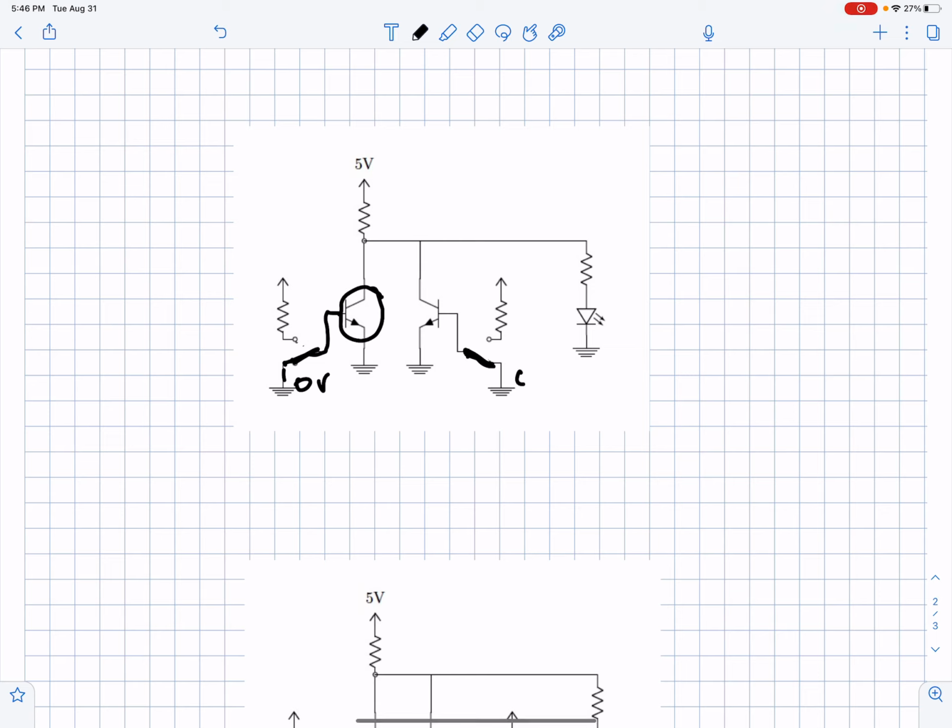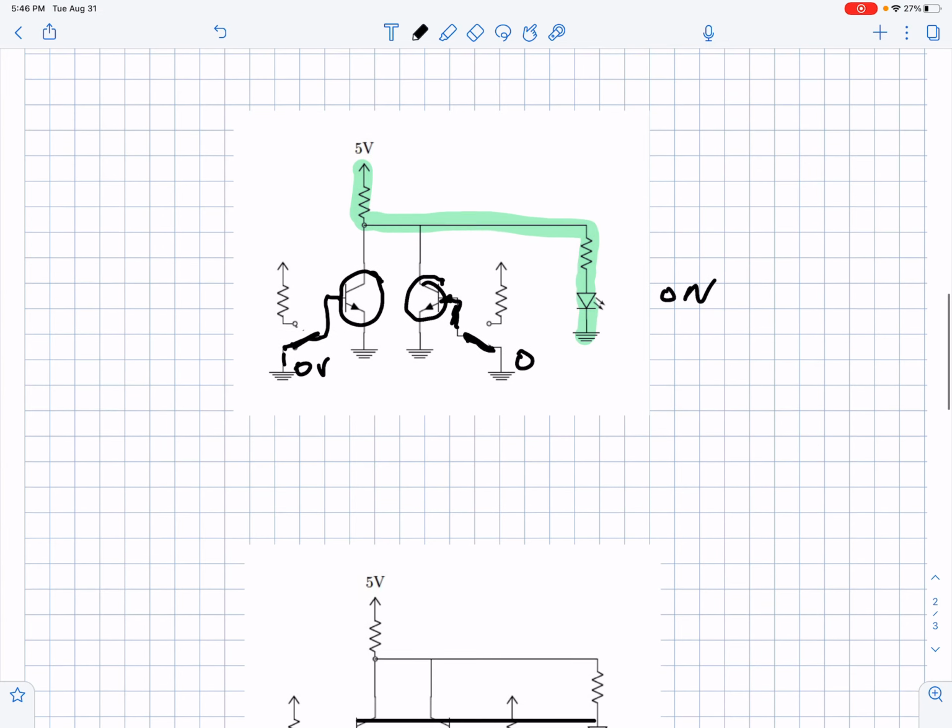All right, since this is 0, no current coming into the base, this is open. What is the only path for current? Well, the only path for current is to make this loop between 5 volts and ground. All right, because current is flowing through, the LED is on. All right, so that's combination 1.